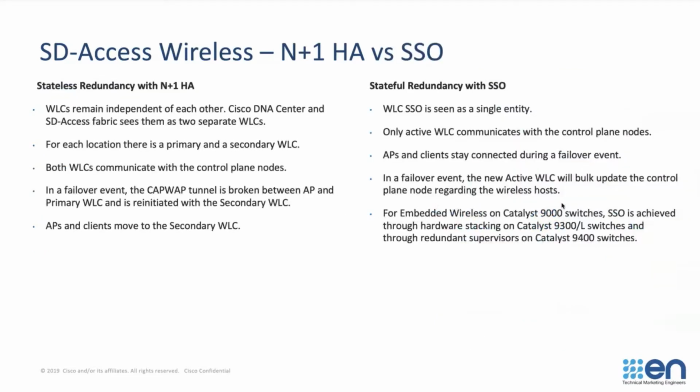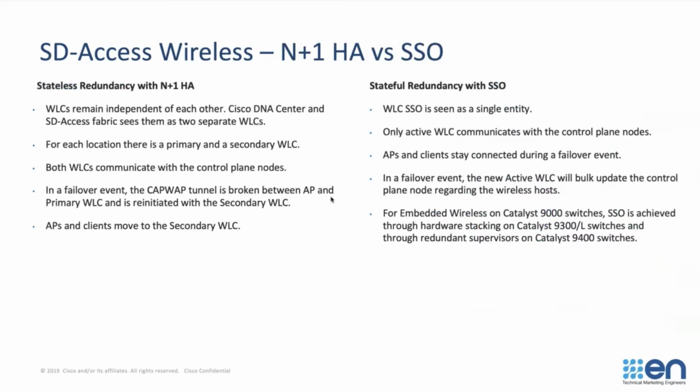Let's look into some of the key differentiations between N+1 HA versus SSO mode as far as Fabric is concerned. When you're running N+1 HA, as I mentioned earlier, both the wireless LAN controllers remain independent to each other. That means Cisco DNA Center sees them as two independent WLCs.